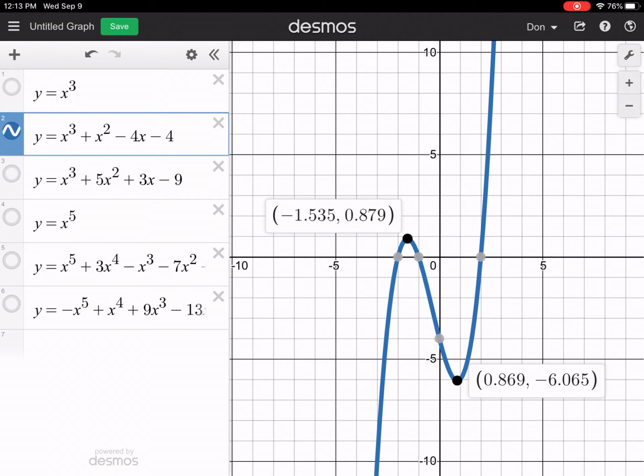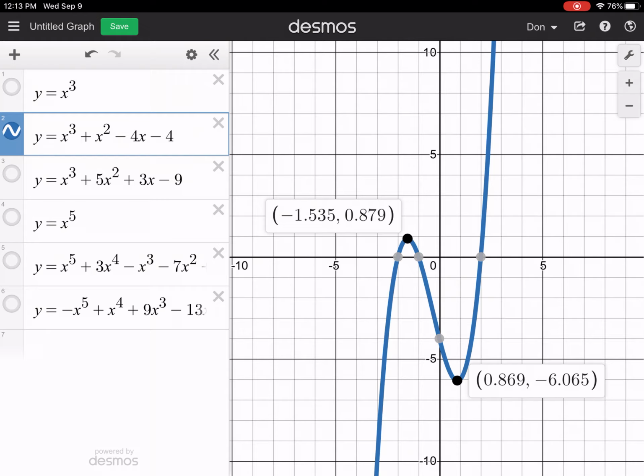That's what a local maximum or minimum is. It's not the absolute maximum or absolute minimum, because the graph continues to go up beyond those in a different part of the graph. It continues to go down in a different part, but it does have those two, that one local maximum and that one local minimum. We call those turning points as well. So it's got 2 turning points.